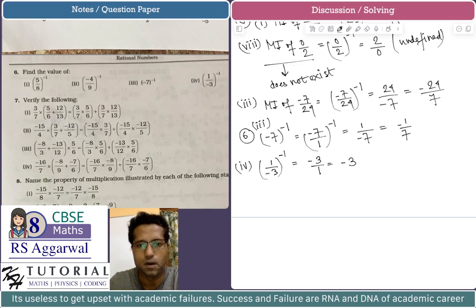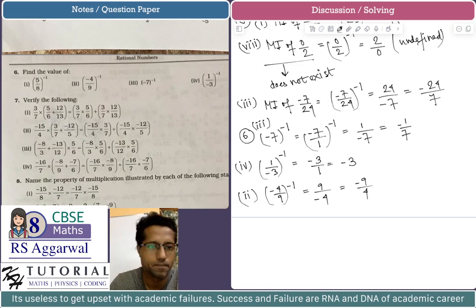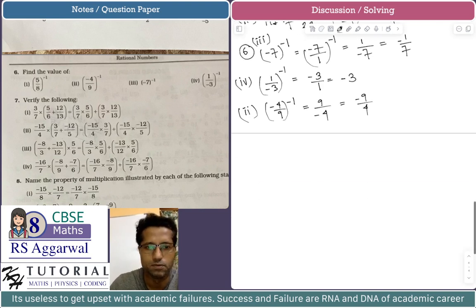Let's see part 2. We have to find minus 4 by 9 to the power minus 1, that is the reciprocal of minus 4 by 9, which is equal to 9 by minus 4. This is equal to minus 9 by 4. Okay, let's move on to question number 7.